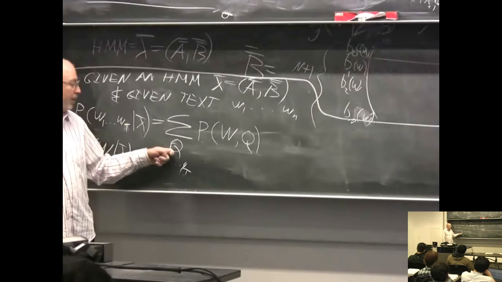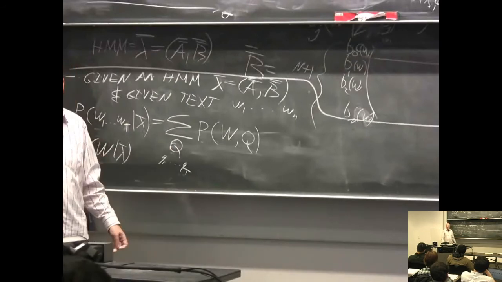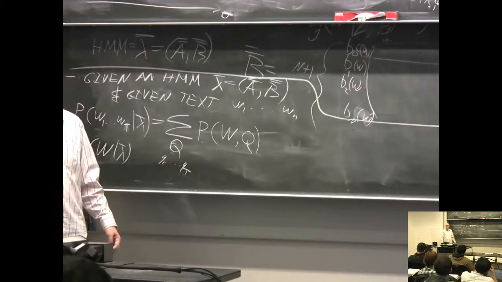How many sequences are there of hidden variables? How many different values of Q can there be? T into S squared. I don't know what into means. T multiplied by T multiplied by S. What is S? You mean the size of the set S, the number of parts of speech? That would be N, big N, or N plus 1. It'll be exponential.